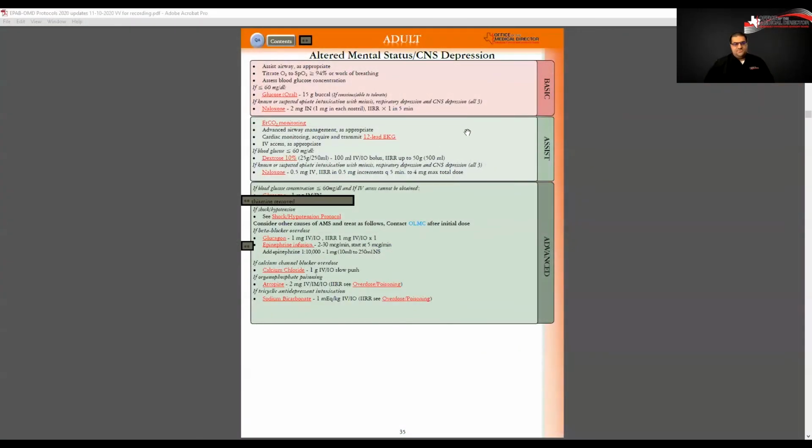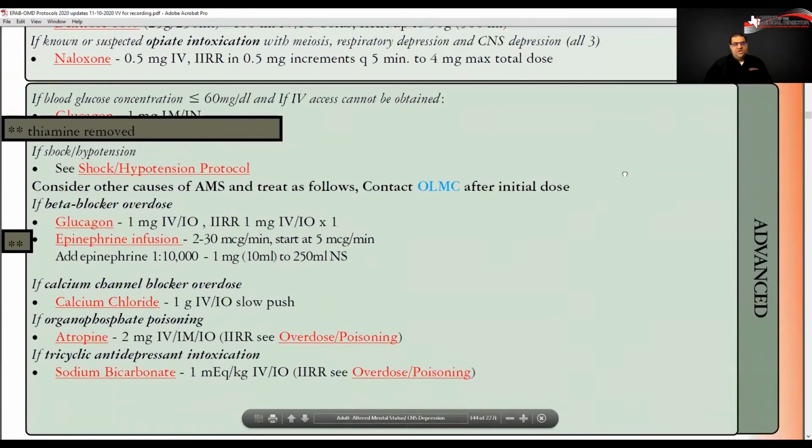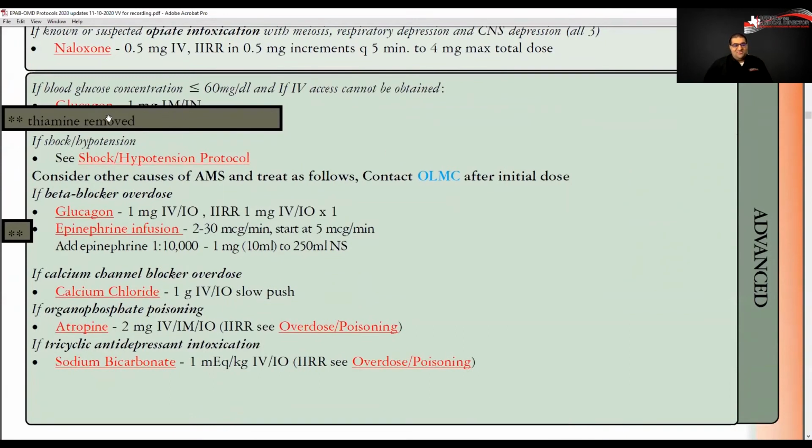All right, for the adult altered mental status and CNS depression, no changes at the basic level. Down in the advanced level, the administration of thiamine, which we give remarkably often, has gone away. The risk of Wernicke's encephalopathy is actually relatively low. If you do have a patient that you are concerned for Wernicke's encephalopathy, then you can use glucagon or something as opposed to pure dextrose to try and prevent that.